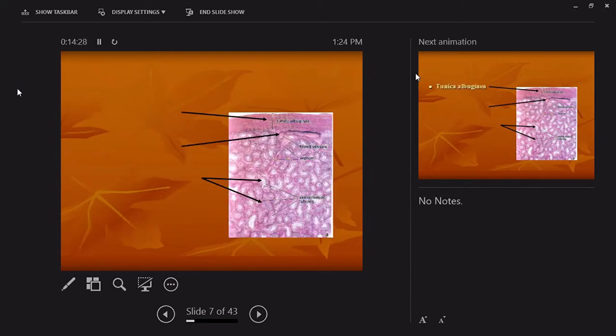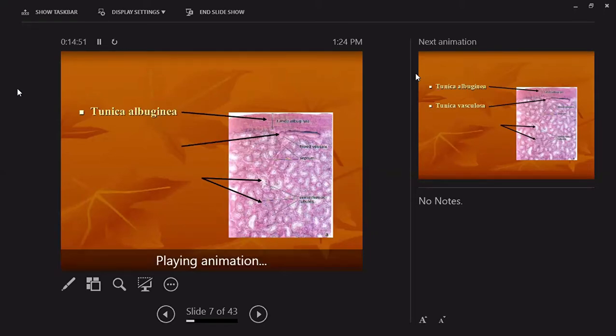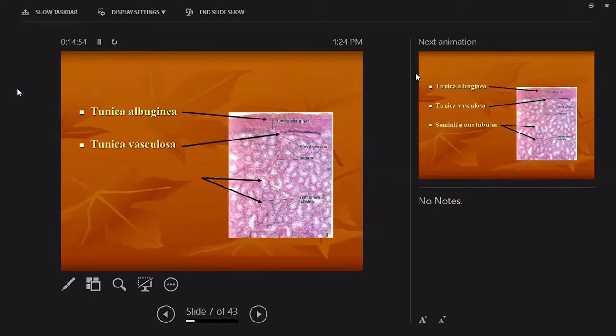So let's look at the histological features of your testis, with your seminiferous tubules. Again, your tunica albuginea, from outer to inner, then the tunica vasculosa, which comes from the peritoneum downwards, as the testis goes down.